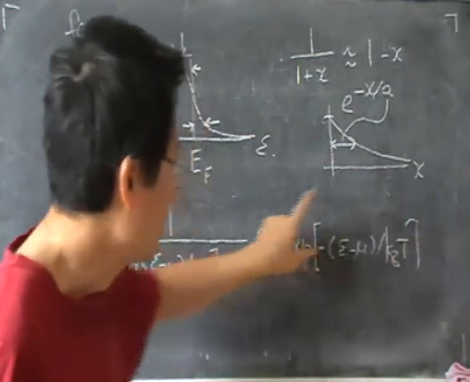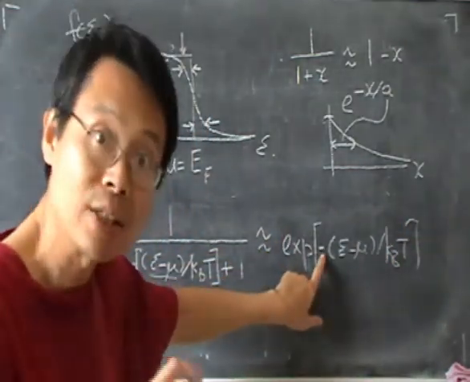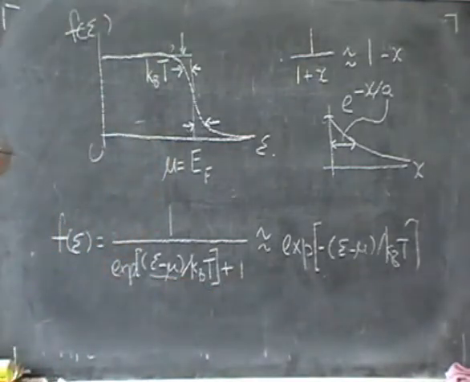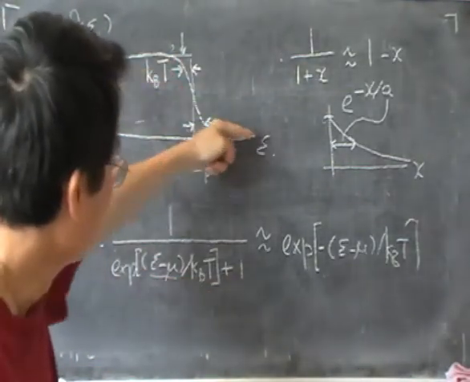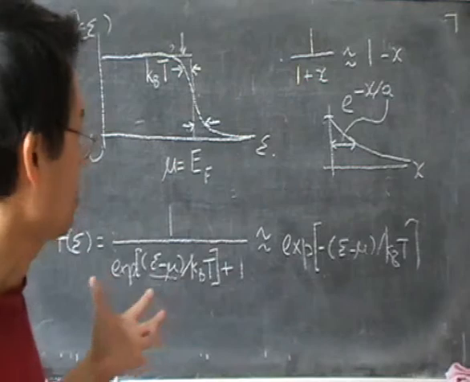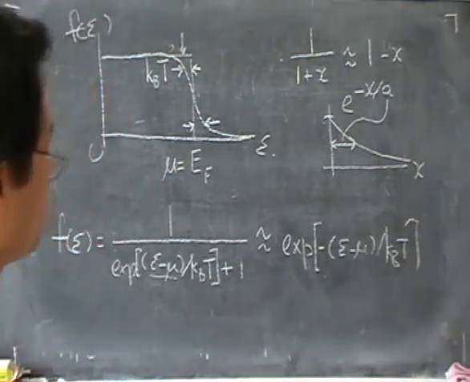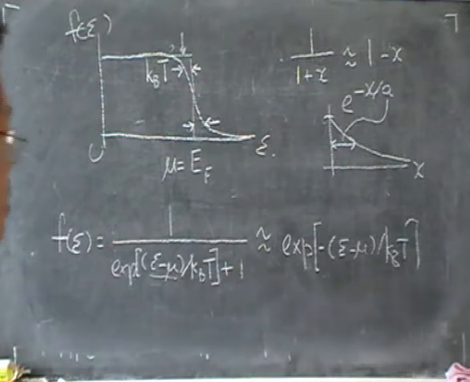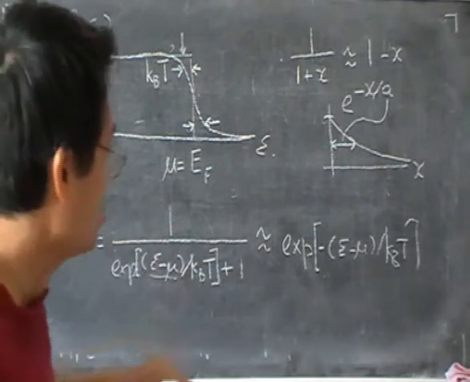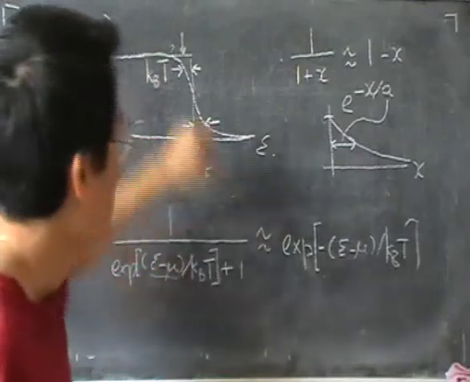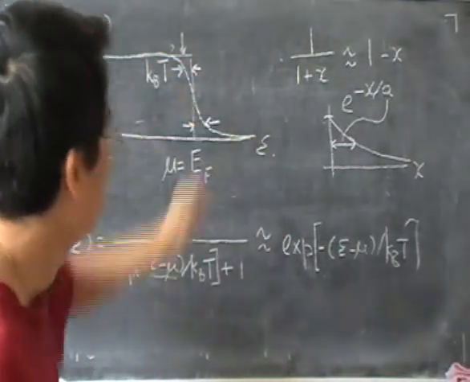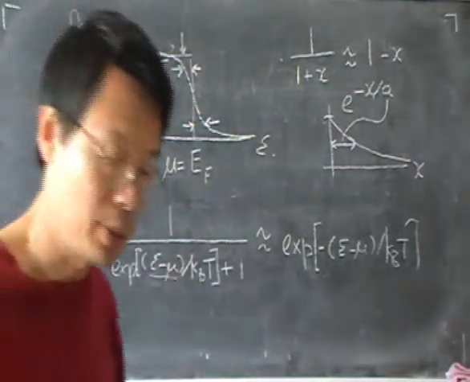It's just an exponential with a negative argument. So this means that this curve above the Fermi energy is approximately an exponential function, or we can think of this as giving us the distribution of the electrons above the Fermi energy.